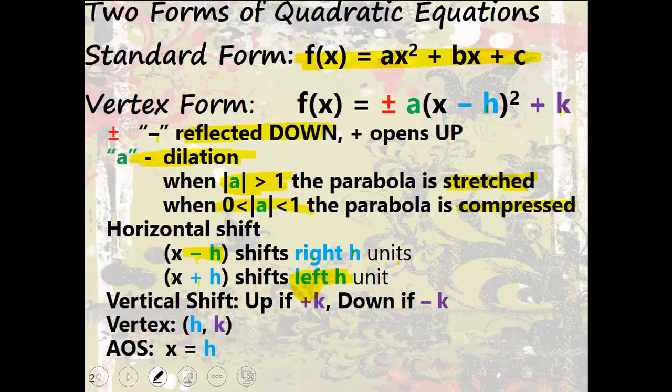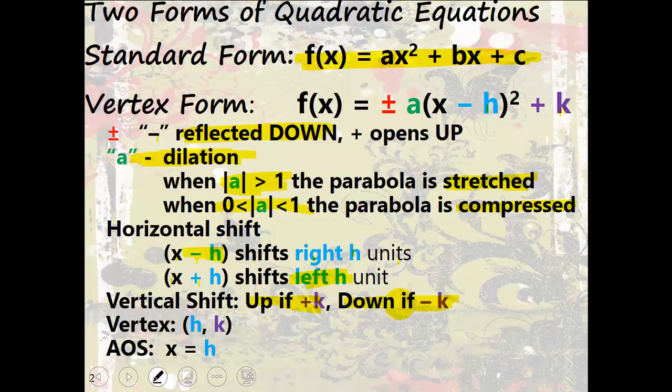Our vertical shift comes from k. If k is positive, it's going to go up. If k is negative, it's going to go down. And our vertex is going to be h comma k. Now, when you do this, it's the opposite sign of h and then the same sign of k. Sometimes that gets a little confusing.